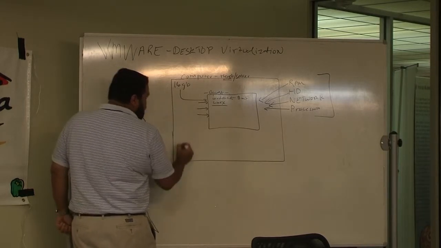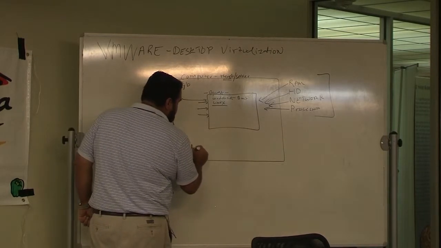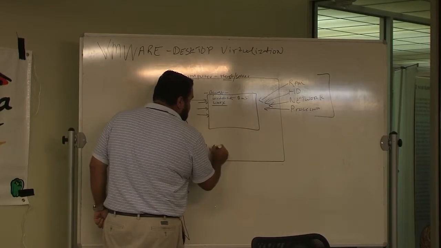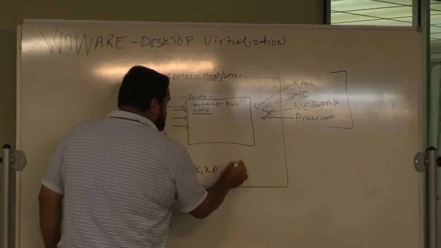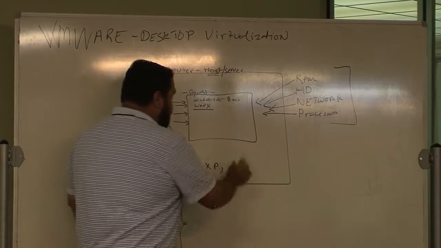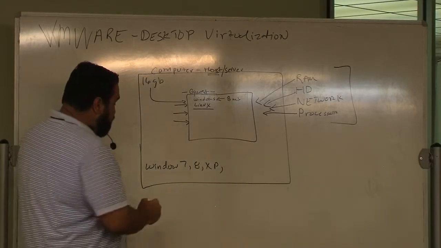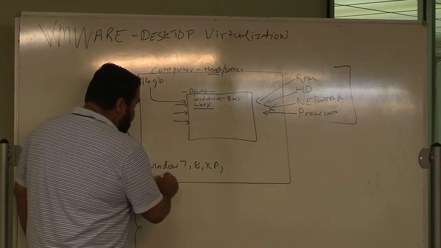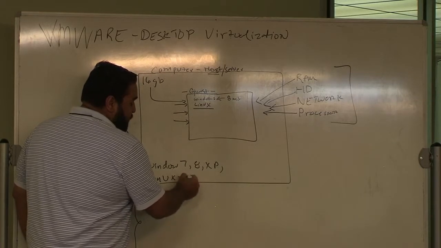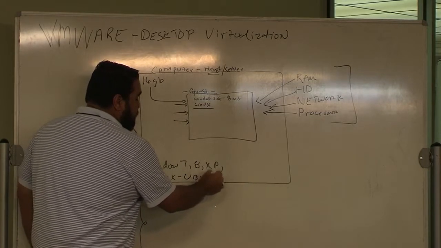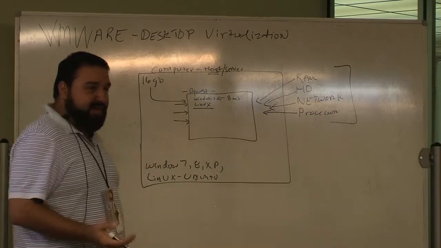So if you have a Windows machine, like Windows 7, 8, XP, I won't name any of them, but you can also have them for Linux. Some of y'all are using a Linux Ubuntu distribution. They also make it for that.